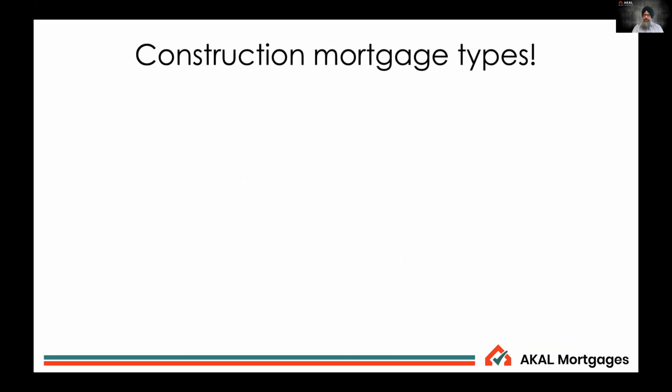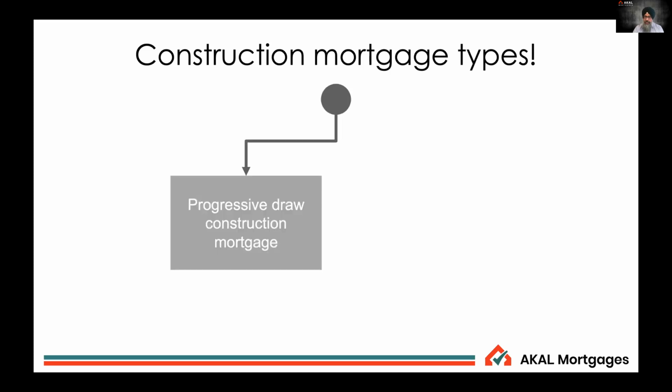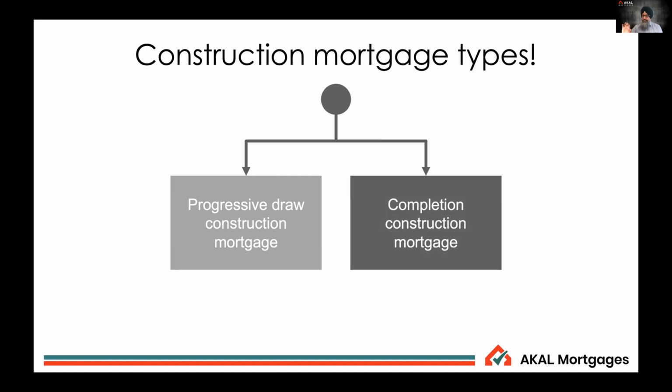Now, what are construction mortgage types? Talking about different builds, now we are talking about construction mortgage types. First is the progressive draw construction mortgage, which we are going to discuss in detail today. That is the mortgage that's required for construction. And we talked about the pre-built, that's called a completion construction mortgage.